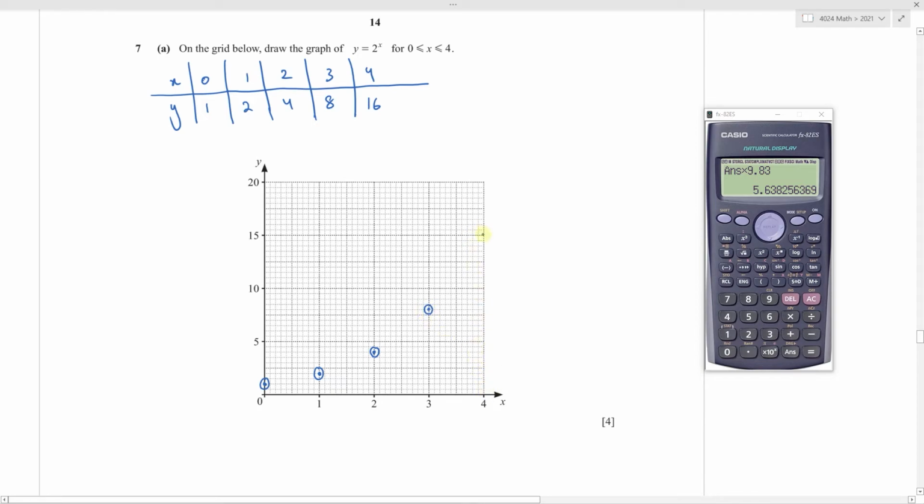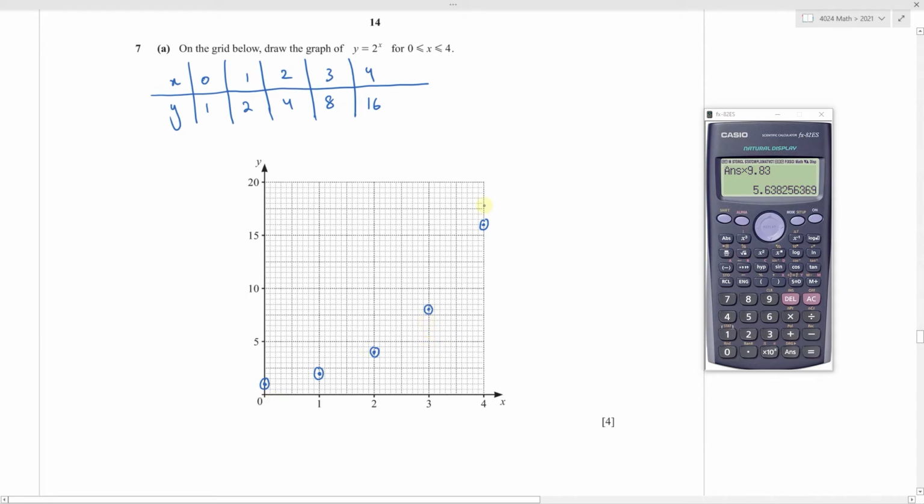And then 4 and 16 here. So 1 and 2, 2 and 4, 3 and 8, 4 and 16.